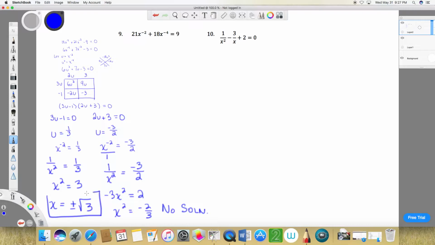So here's my solution to this equation. Like I say, when this split into two equations, this u equals negative 3/2 was not a solution for the original equation. It was a solution for the equation that had this variable u, but not the original.